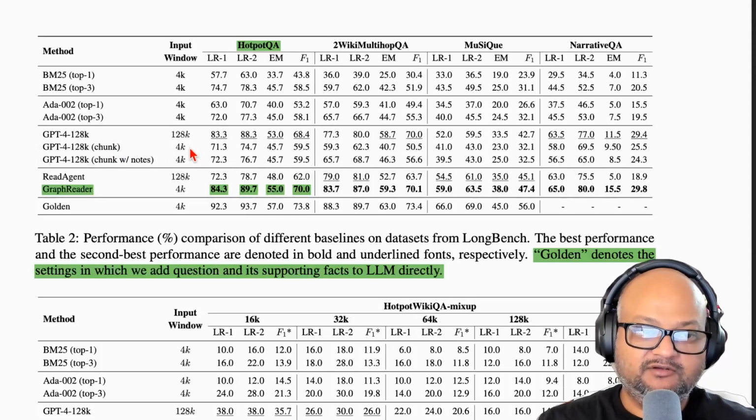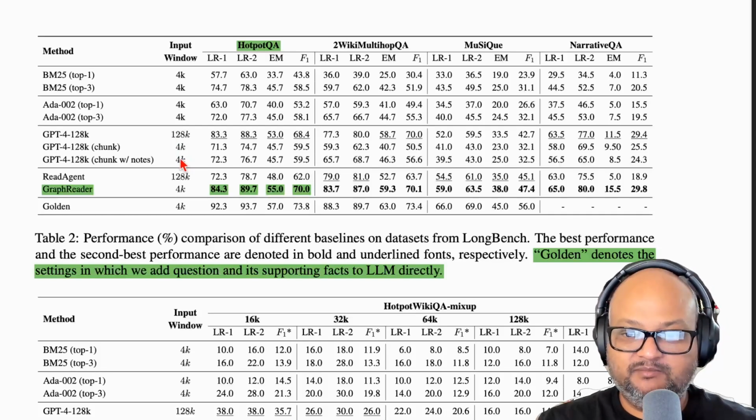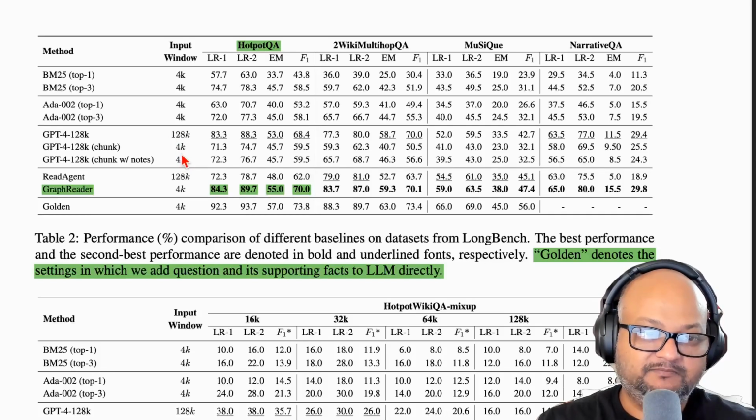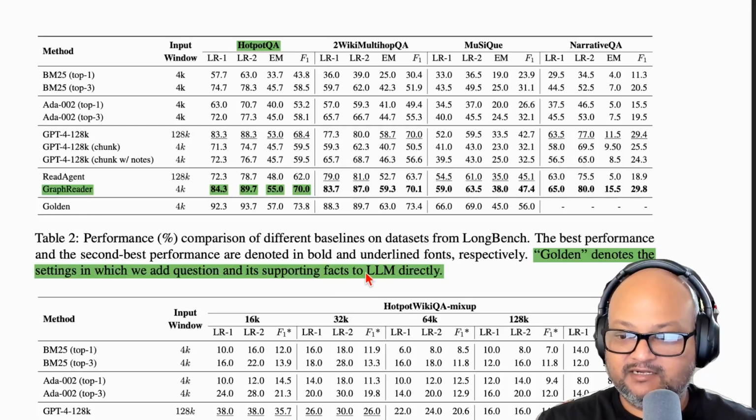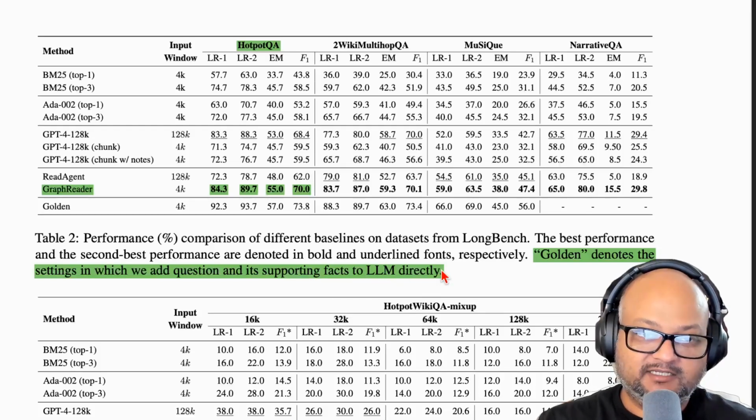If you do chunking, you'll end up using a smaller part of your context window. The golden row down here is the best achievable answer. This is where they added the question and all relevant supporting facts directly into the context window.